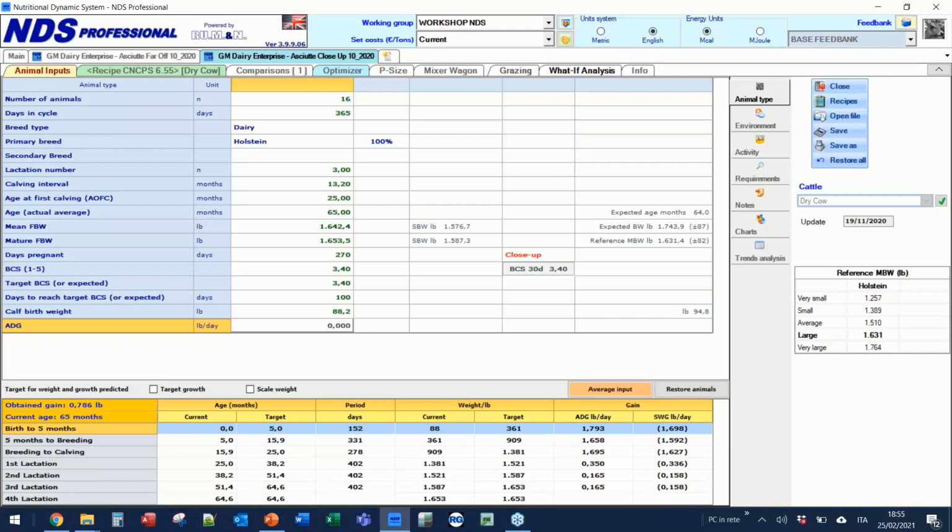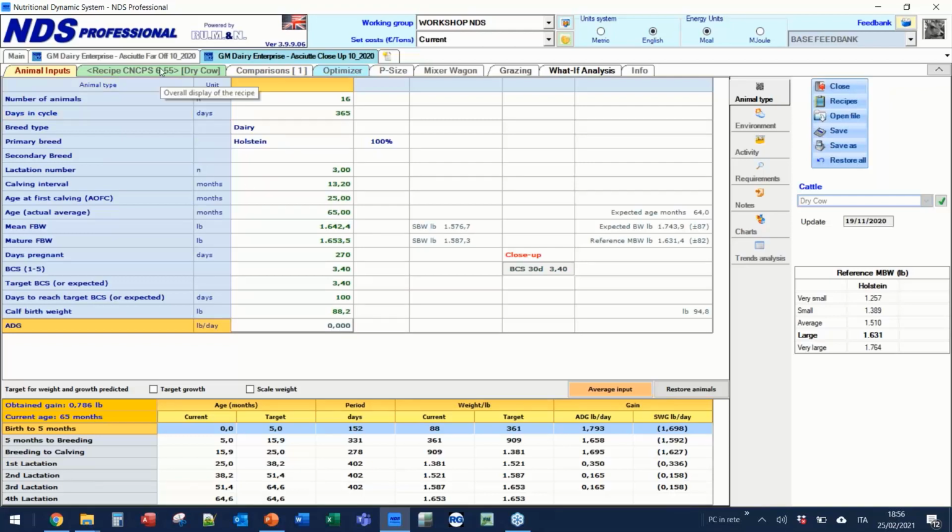So if we add this average daily gain, the risk is to consider some requirements that in reality should be included in the fetus and mammogenesis requirements. So our suggestion is to uncheck target growth and to zero out the average daily gain.